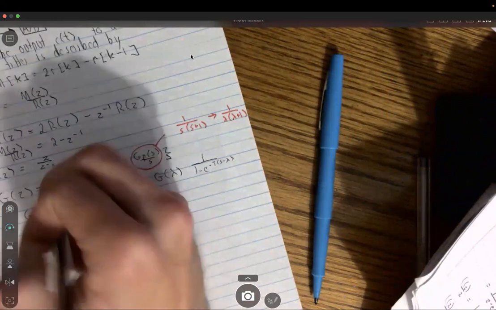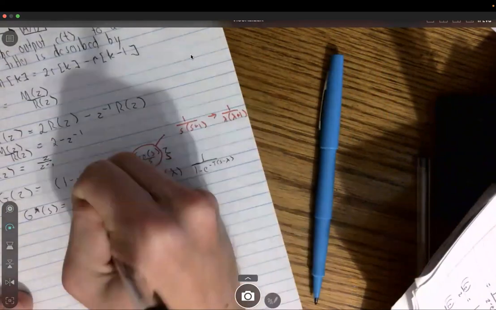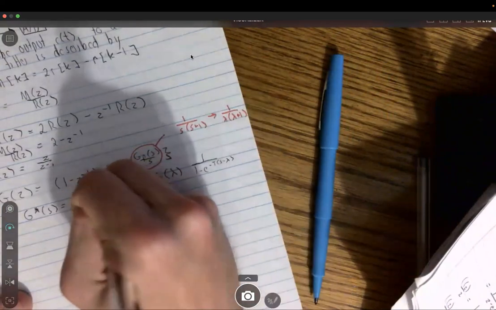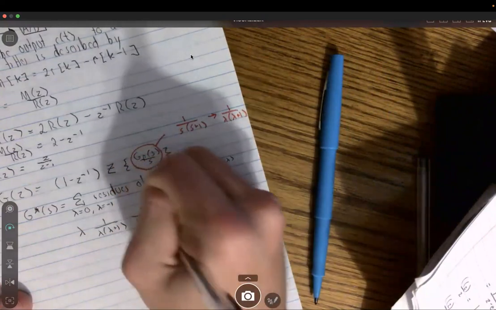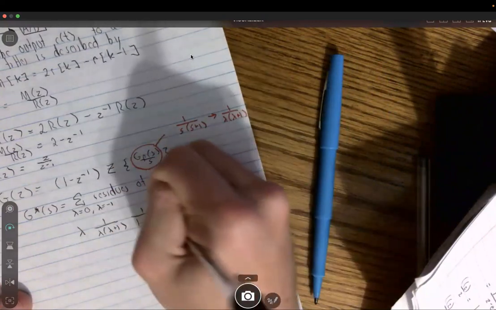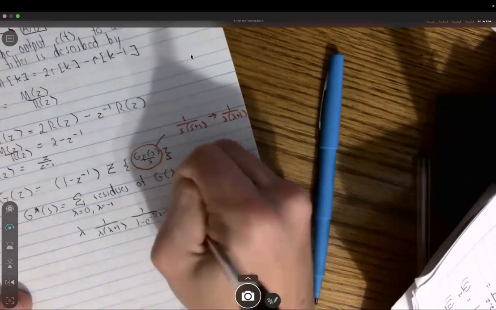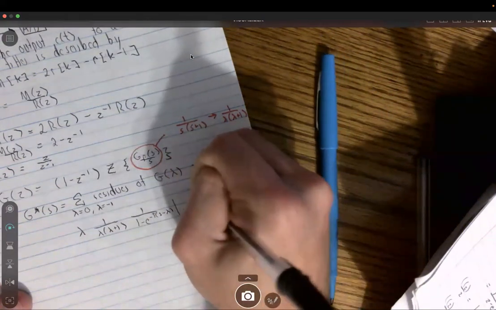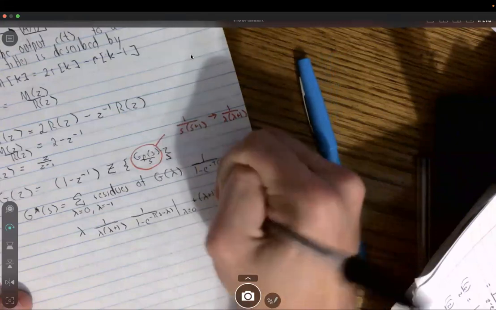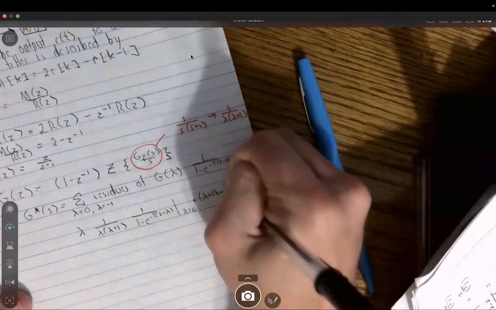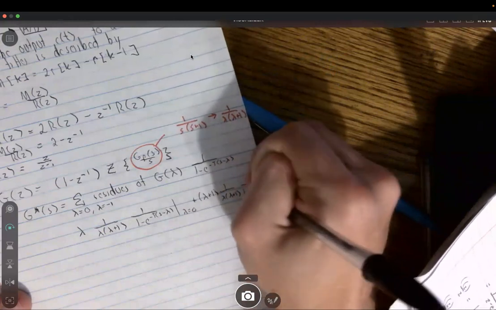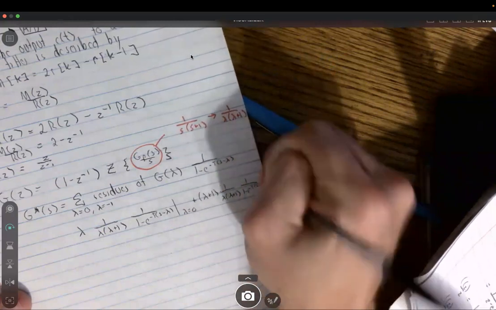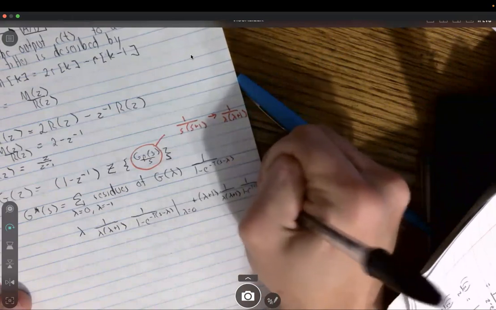Now we have to evaluate the first residue at lambda equal to 0. So lambda times 1 over lambda times lambda plus 1, multiplied by 1 over 1 minus e to the negative T(s minus lambda), for lambda equal to 0, plus lambda plus 1 over lambda times lambda plus 1, then 1 over 1 minus e to the negative T(s minus lambda), for lambda equal to negative 1.